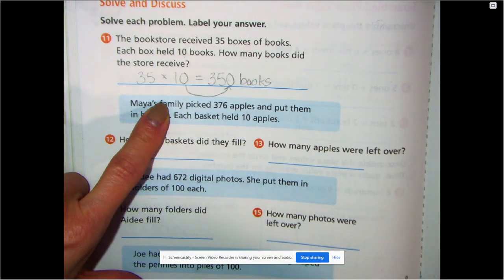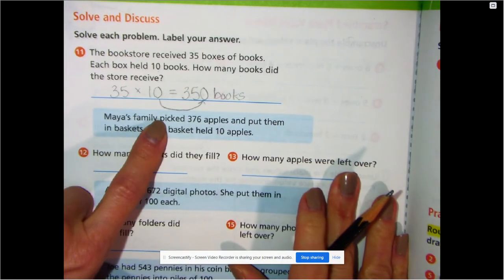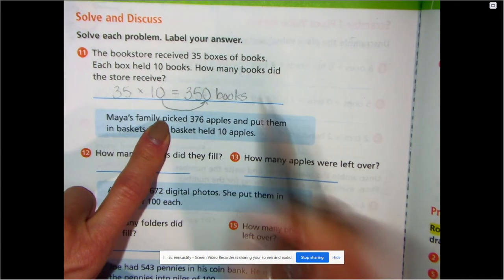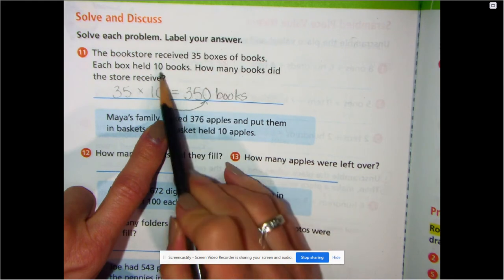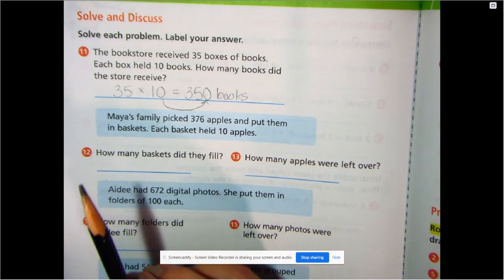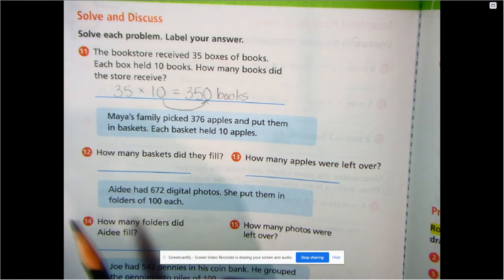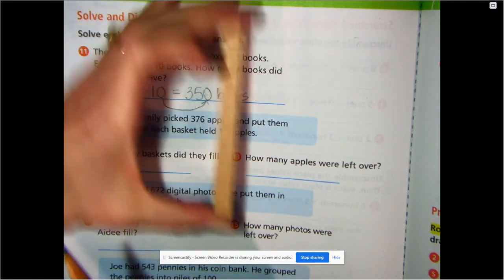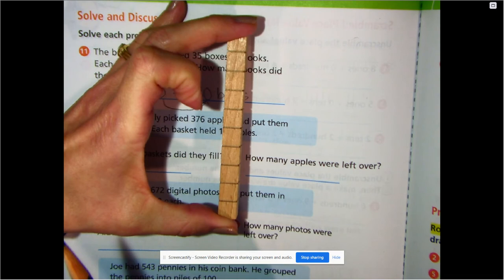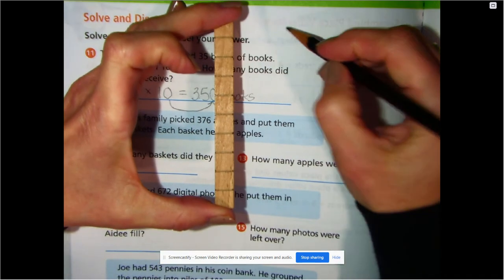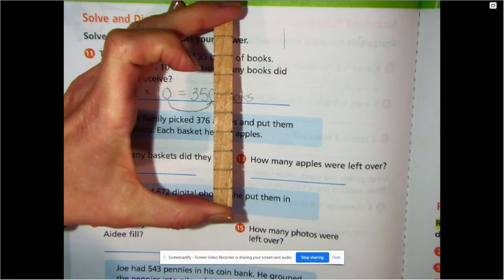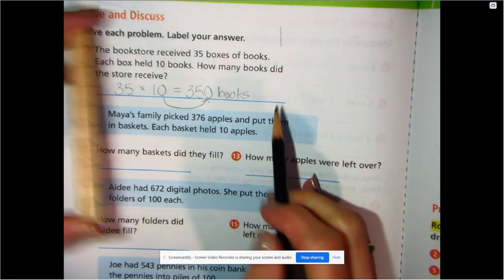But we need to show our answer by drawing a place value drawing, a proof drawing we call it. All right, so let's think about that. If I have 35 boxes and each box has 10, remember that we draw a 10 stick to show groups of 10, right? Instead of having 10 little ones, we have a 10 stick. So we have one long stick to show 10, okay?